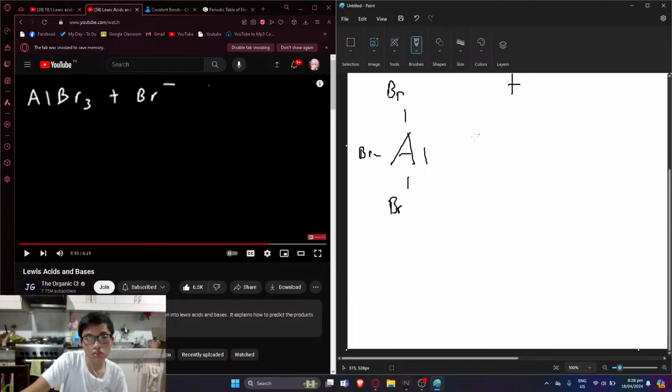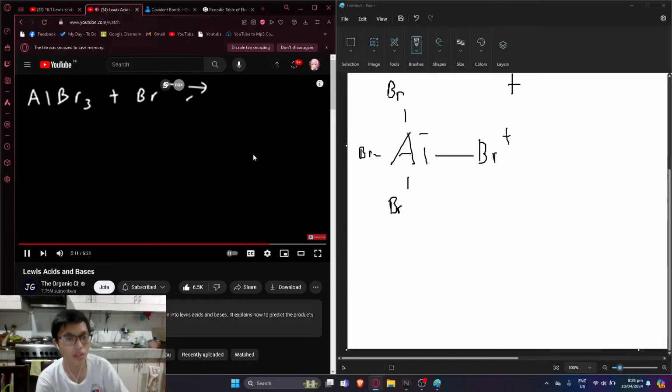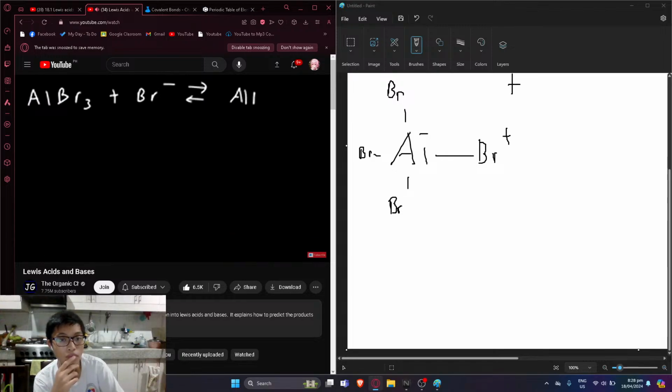Then we need to add this with a Br, which is negatively charged. So to do this, it's going to turn positive, it's going to turn negative, it's going to be like that. The reaction will be reversible, and you're going to get this AlBr4 minus.